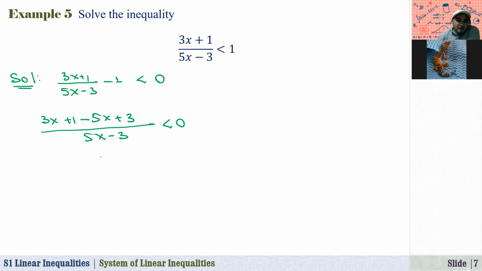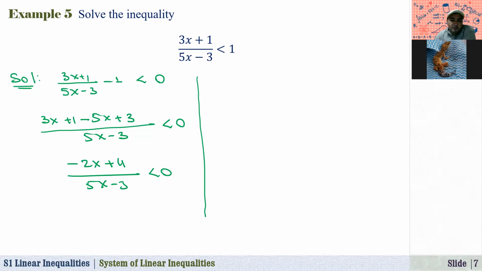Now if you simplify the numerator, 3x minus 5x is minus 2x, and 1 plus 3 is 4, over 5x minus 3. I can simplify this further, because I want to have the coefficient of x positive. So what can I do here? Let me multiply both sides by minus 1 over 2.